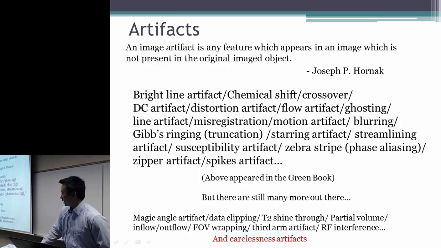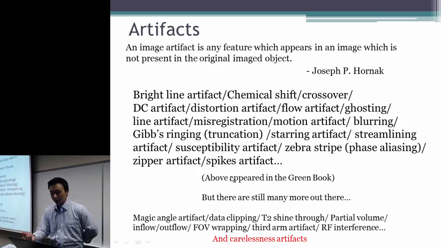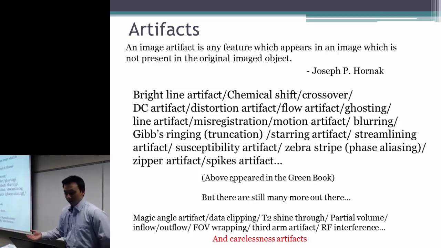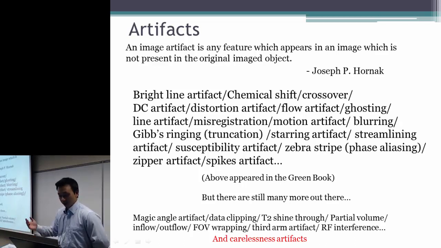Data clipping due to the data acquisition amplifier, T2 shine through effect, partial volume effect, inflow and outflow of the blood, and FOV wrapping, the third arm artifact as we just saw before, and radio frequency interference. And also there are lots of carelessness artifacts caused by human errors and improper design of the sequence.